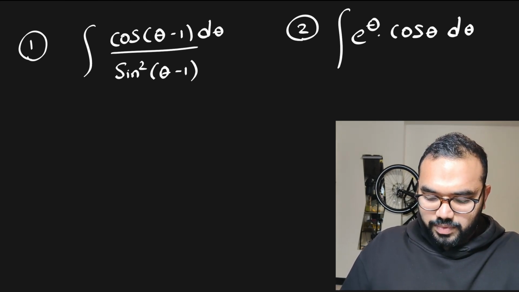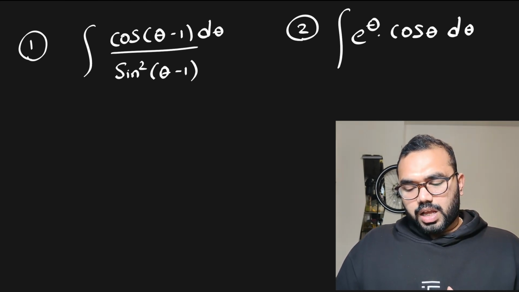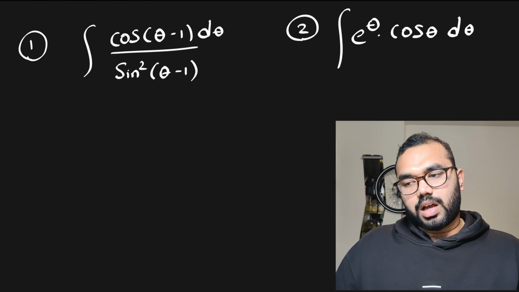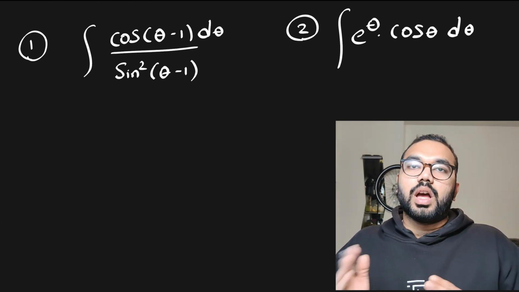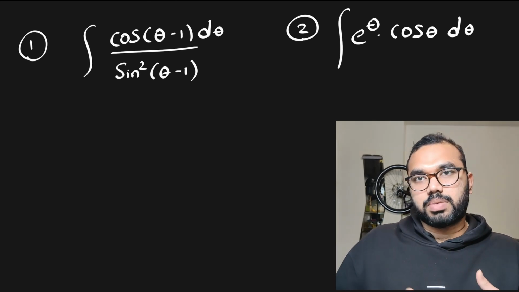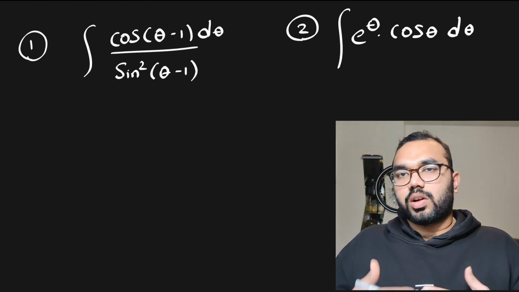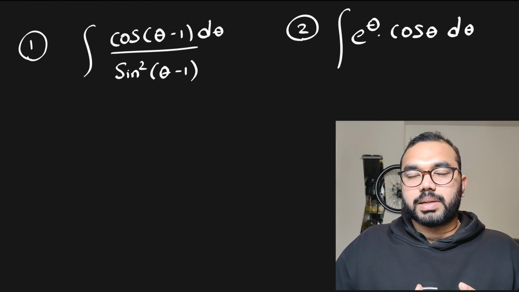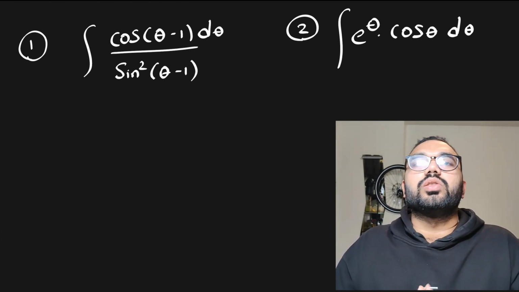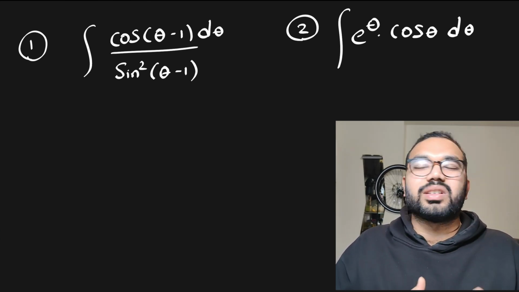Okay, so most people do the U substitution method. They plug in something for cos of theta minus 1 and then derive and then do some algebraic manipulation and then basically introduce a new variable called U or some t.